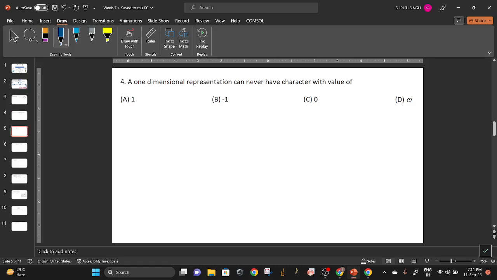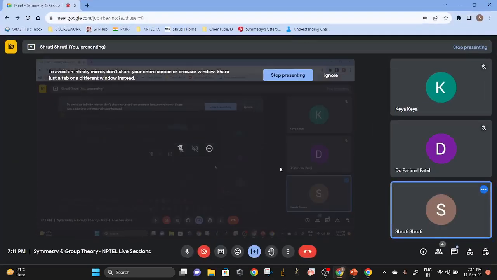Okay, this one: a one-dimensional representation can never have a character with value. Did you guys answer this one? What character values are not allowed for a one-dimensional representation?